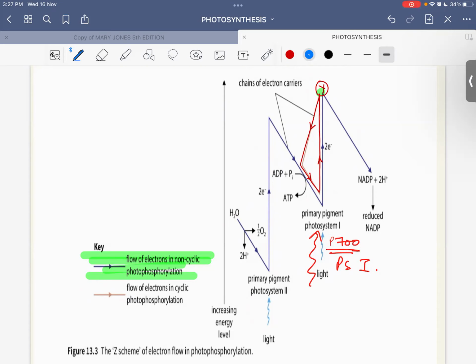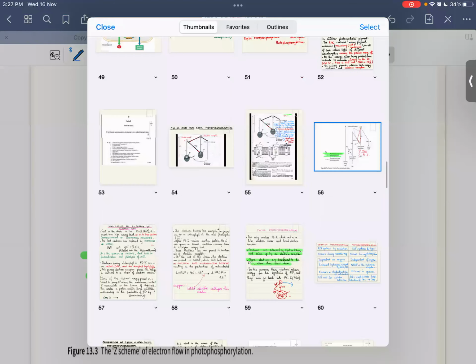Why, say why? Wait, did you ask acceptor in electron in non-cyclic? हाँ. Why, nahi? Like the electron acceptor, why? No. I'll tell you what it is.